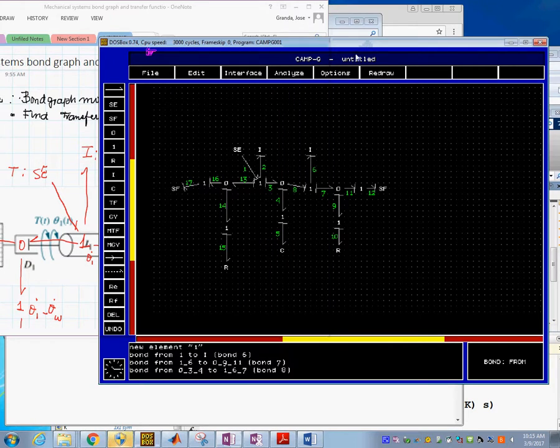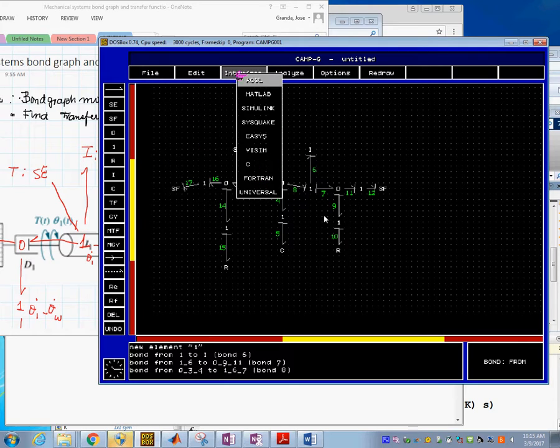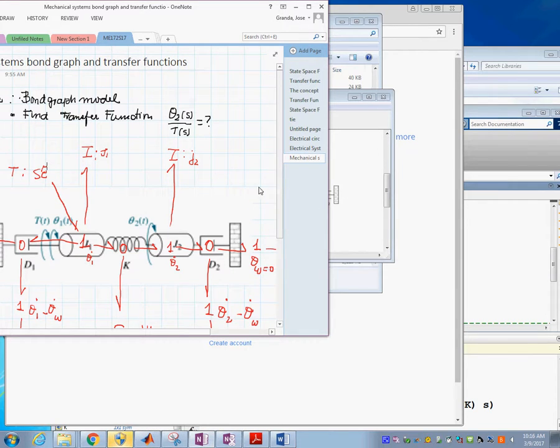Theta 2 becomes the velocity of the second one, which would be f sub 6, right? So let's do that before we finish. We go to MATLAB, and I'm going to go to f sub 6. Hold on a second.